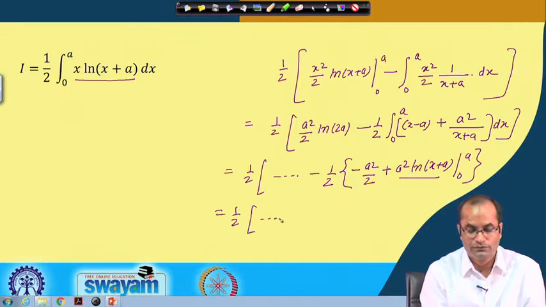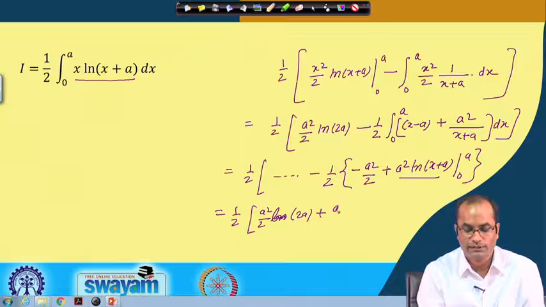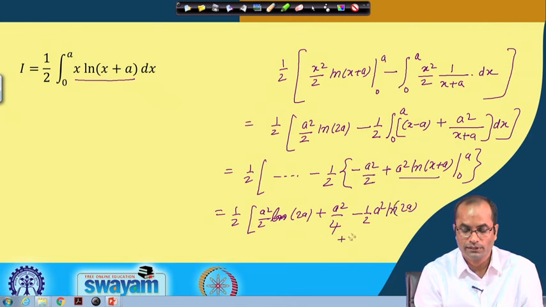Half the first term, which is a squared by 2 and this ln 2a, and we have minus minus plus a squared by 4 here, and then here a squared with minus half term a squared and ln 2a and then 0. So, this will be plus half and then a squared and ln a.